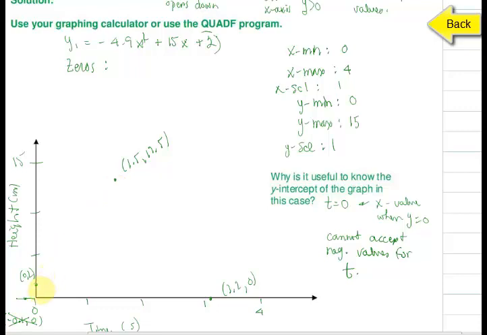Okay, so let's sketch this in like this and down to here. And we want to use, okay, our solution is the region that is above the x-axis, where y is greater than 0. So what we're concerned with then is the whole part of the parabola, which is above the x-axis.